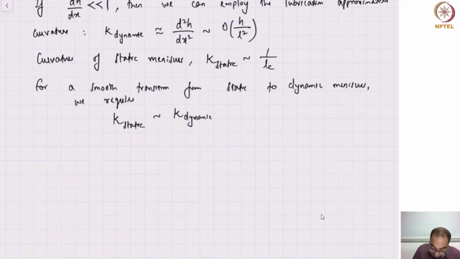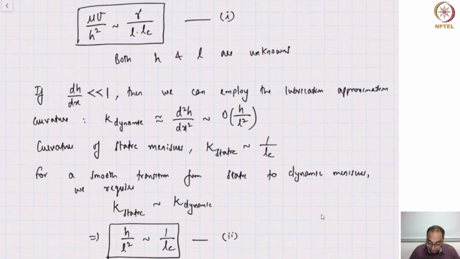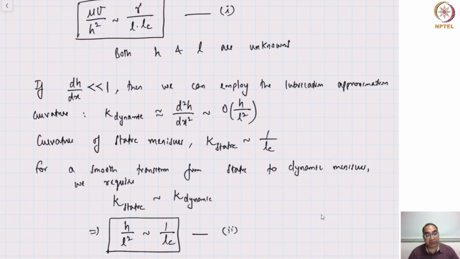The dynamic meniscus curvature is to match, and therefore I have h by L square should match with 1 by LC. This is my second relation. So now I have two relations here. Mu u by h square goes like gamma by L times LC, and the second relation is h by L square goes like 1 by LC.